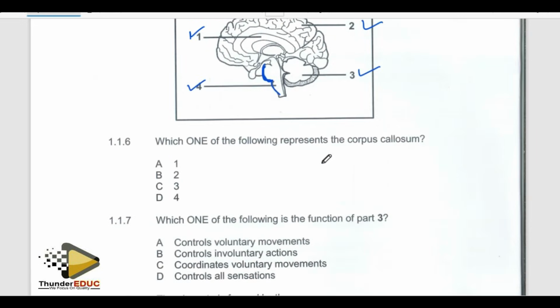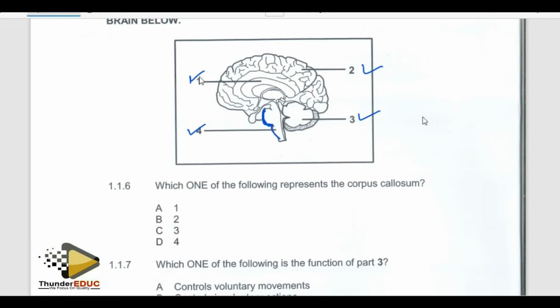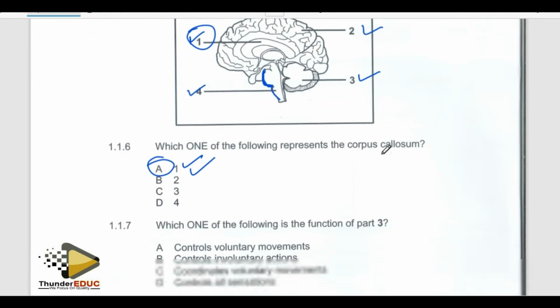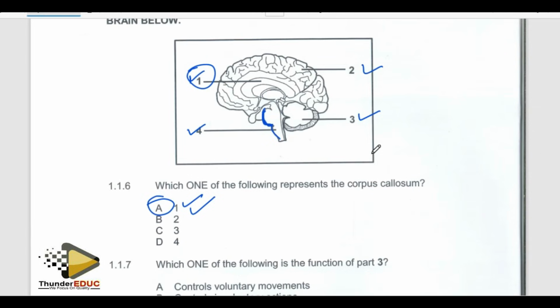All right. Which one of the following represents corpus callosum? Obviously we have said that 1 represents corpus callosum. So A is going to be the most correct answer in that regard. Then 1.7 is saying which one of the following is a function of part 3. Part 3 is what?